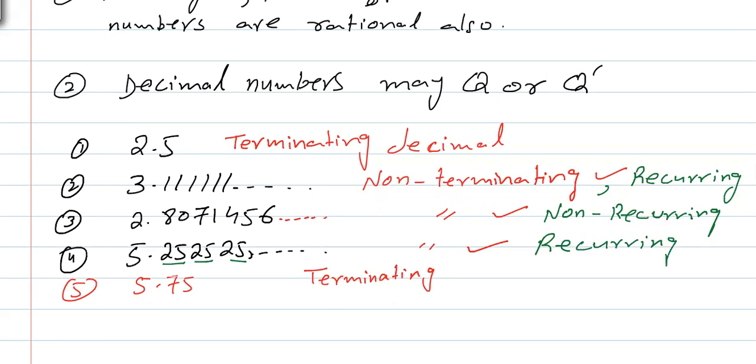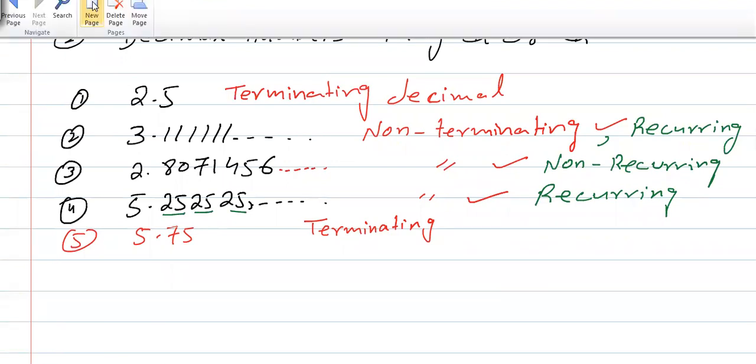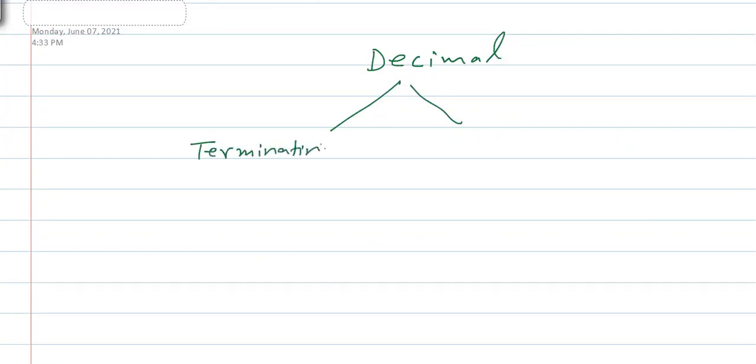So in simple terms, if I make a sketch, the sketch would be like that. Your decimal can be terminating or can be non-terminating. Among the non-terminating, there are further two types.